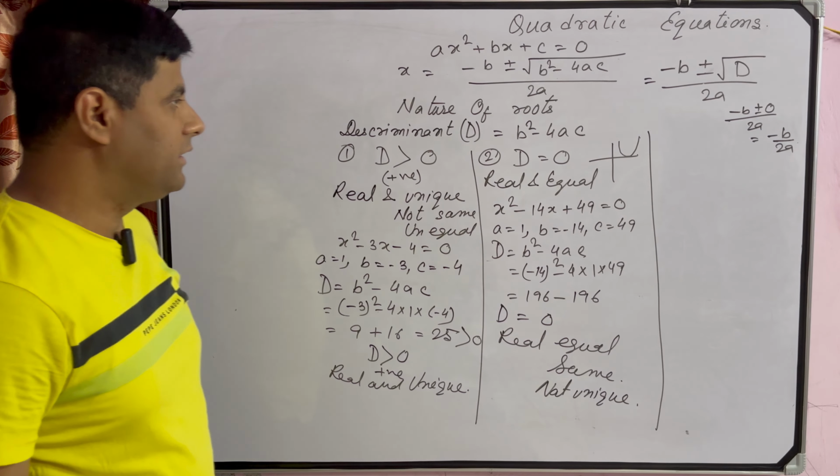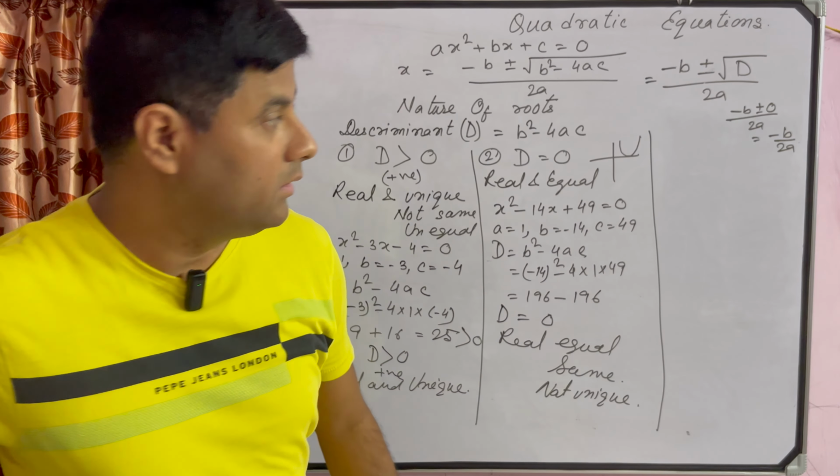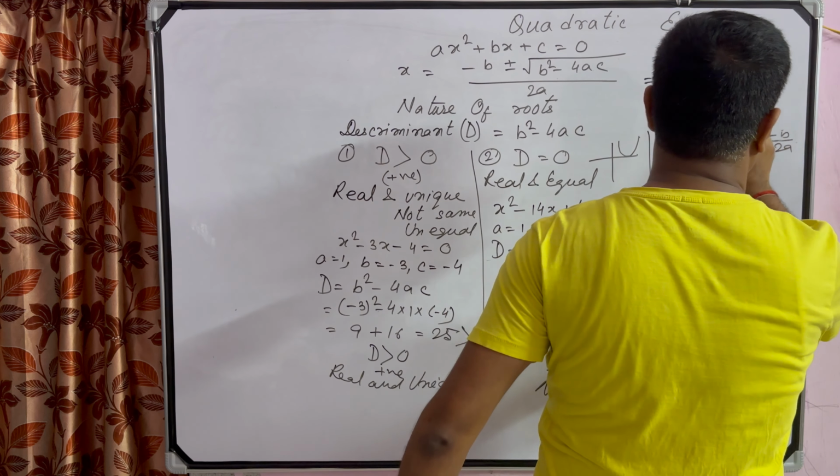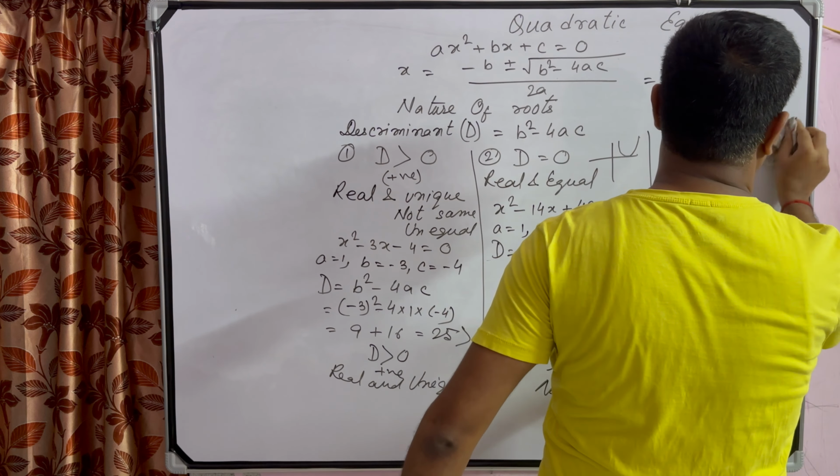Now the third case. In the third case, D can be lesser than 0. What does it mean? It means D is negative. In this case, what will happen?